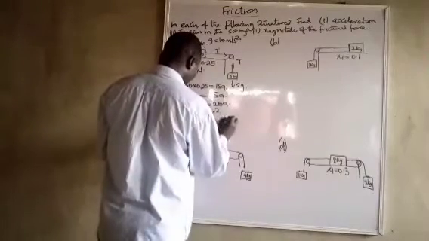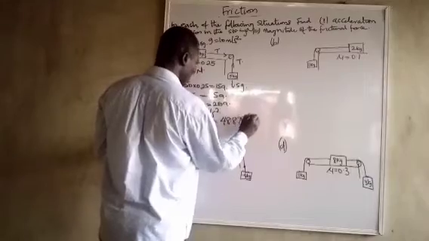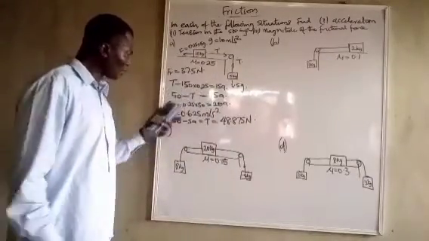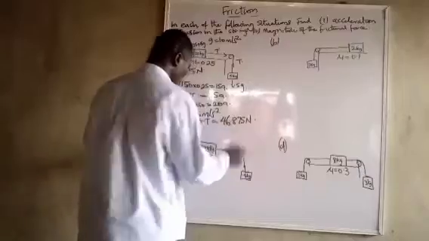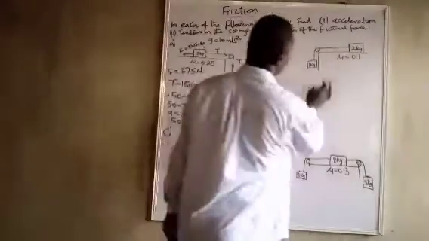The tension is 46.875 Newton. So the tension in the rope here is 46.875 Newton. Now let's go to the next one.